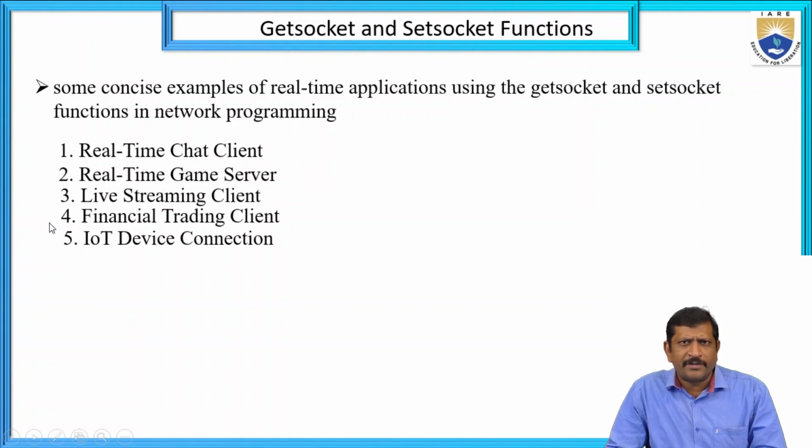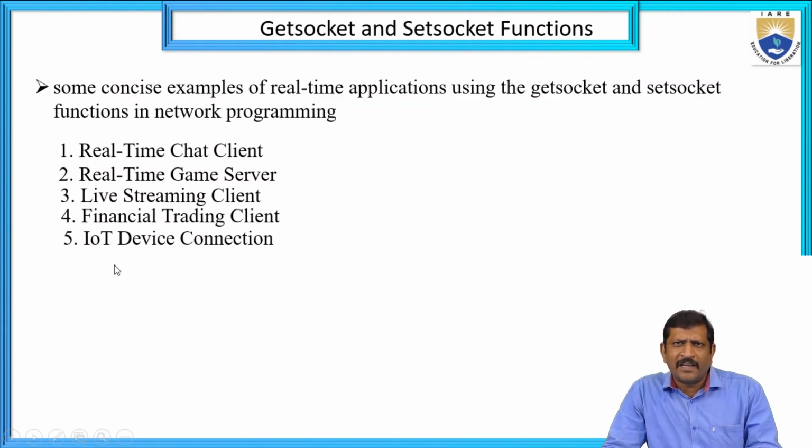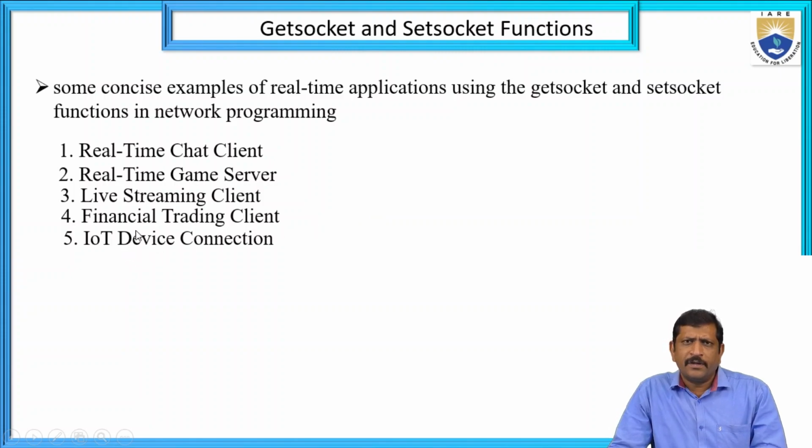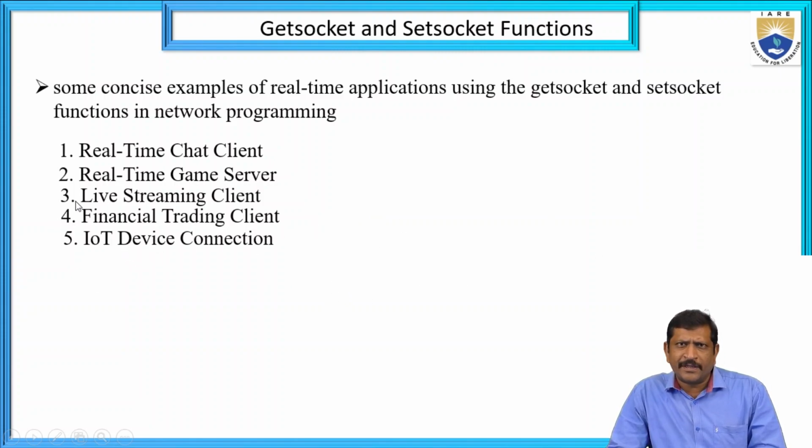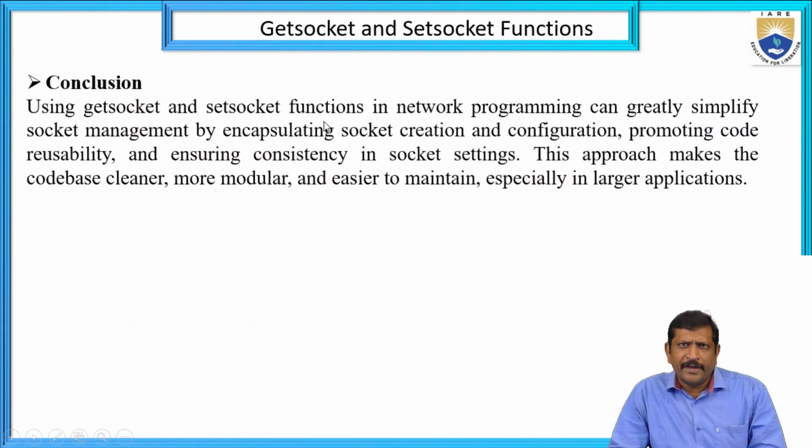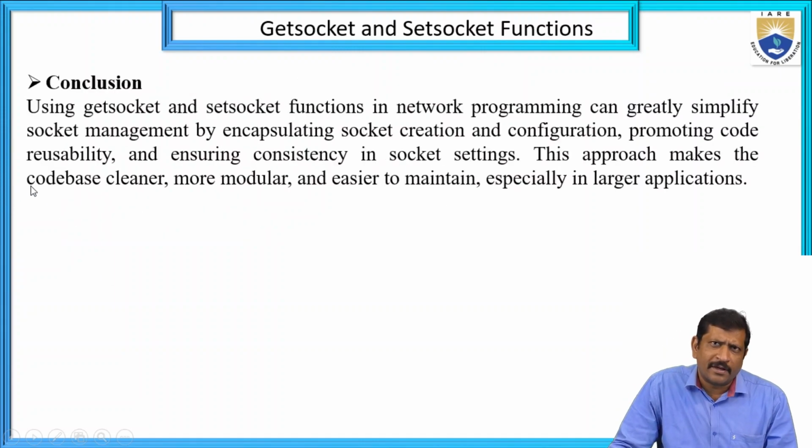And streaming clients, live streaming clients, also can utilize getSocket and setSocket. And financial trading clients, IoT device connections. So these are all the real-time applications of getSocket and setSocket.